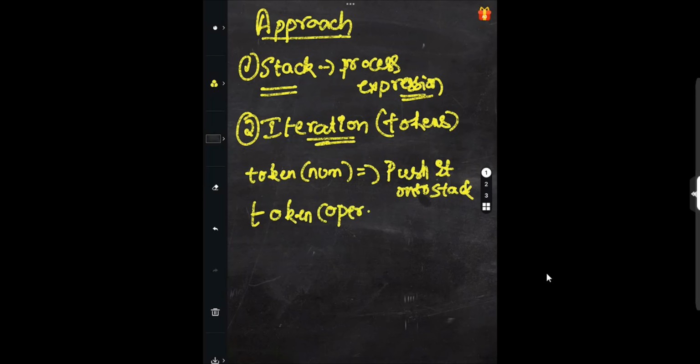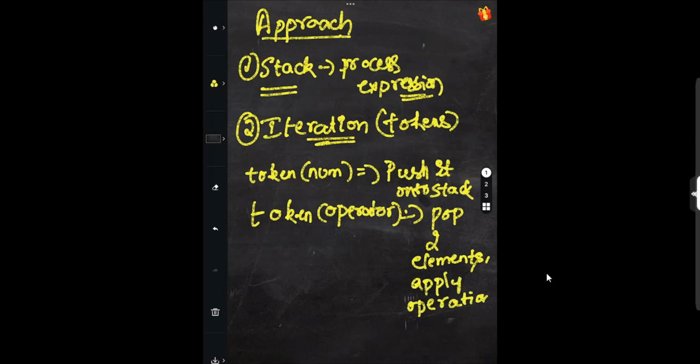We have number and operator, right? We saw that in the example. What if the token is an operator? If you remember the example that I showed, we will pop two elements, then apply the operation.